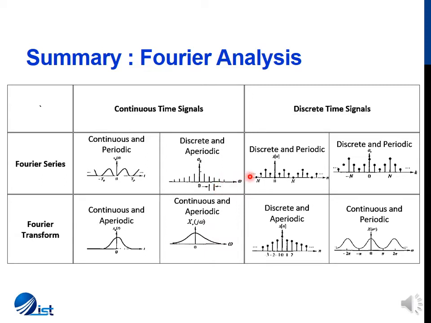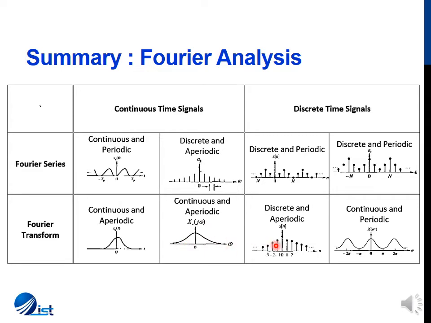If the signal is discrete and periodic, that is, it is a discrete time signal, then the spectrum is also discrete and periodic. If the signal is continuous and aperiodic, then its Fourier transform is taken, and the spectrum of Fourier transform is also continuous and aperiodic for a continuous time signal.